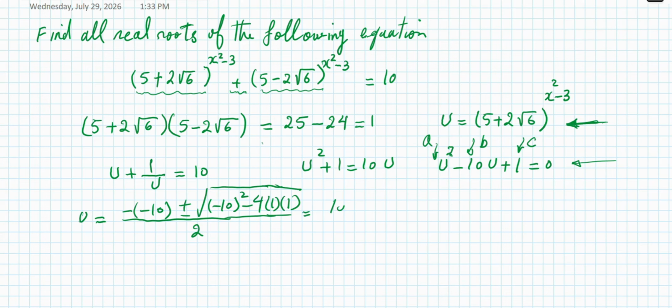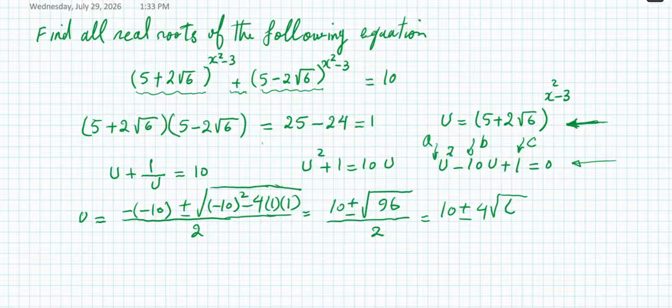This is equal to 10 plus or minus the square root of 100 minus 4, which is 96, divided by 2. And 96 is 16 times 6. 16 comes outside as 4, so we have 10 plus or minus 4 times the square root of 6, divided by 2.